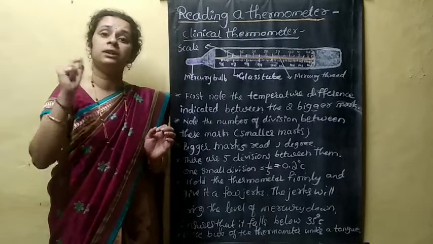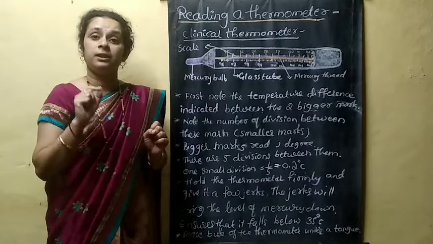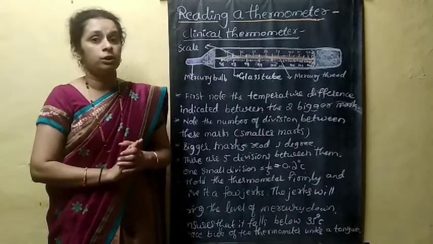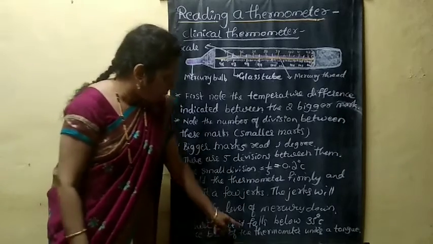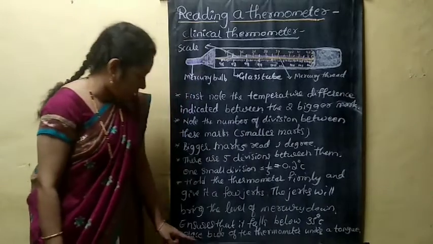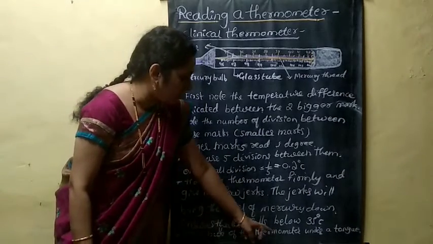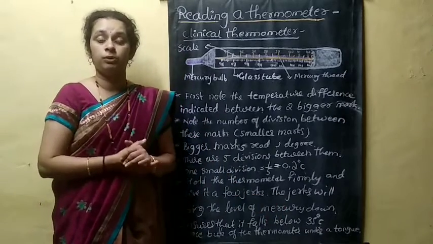While measuring with the clinical thermometer, first of all you have to ensure that the mercury level is below 35 or not. You have to check that. Very important. Ensure that it falls below 35 degrees Celsius. Place the bulb of the thermometer under the tongue where you measure the temperature of the human body.